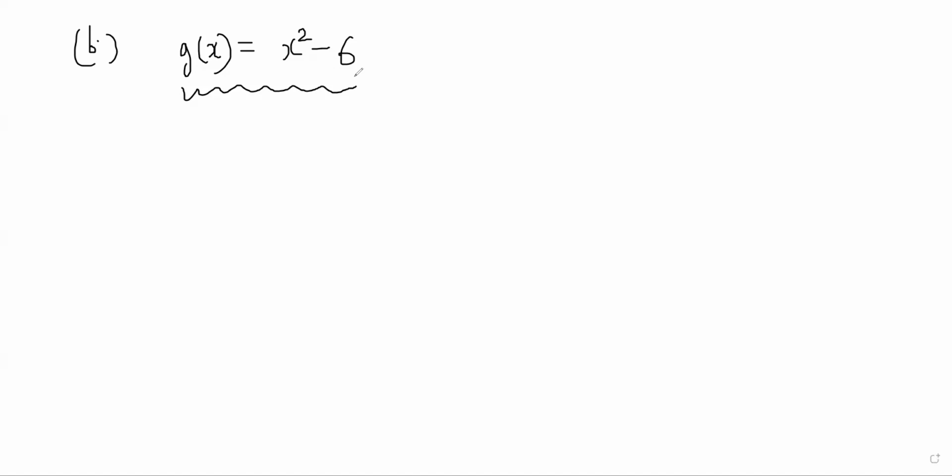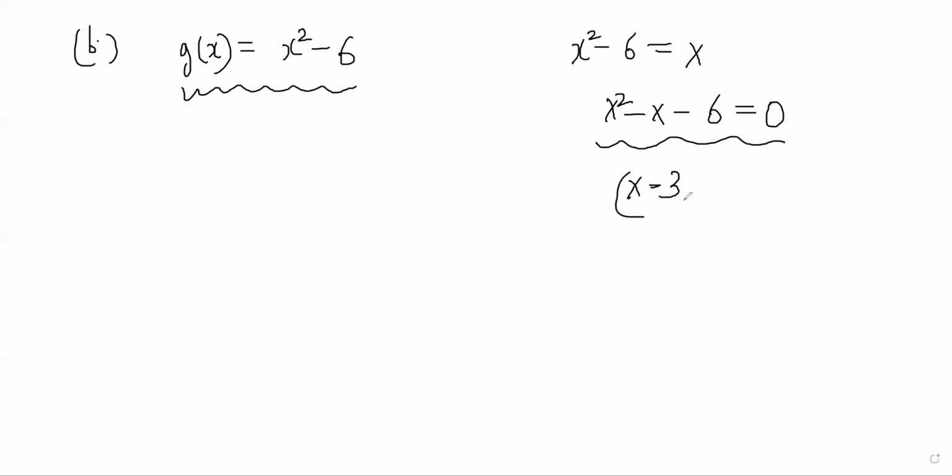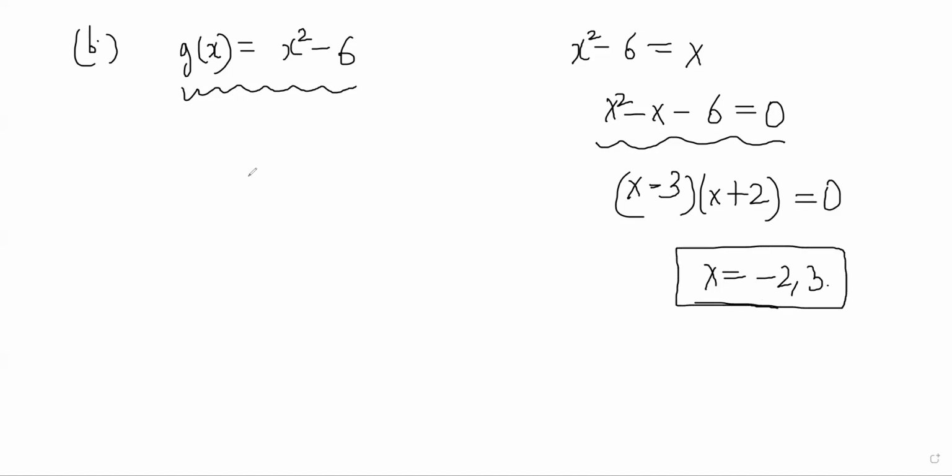What is the definition of a fixed point? A point where the value of the function is equal to x. So then it would be x squared minus x minus 6 is equal to 0. So why are you saying plus or minus root 6? Oh, okay. Minus 2 and 3 are the fixed points, right?